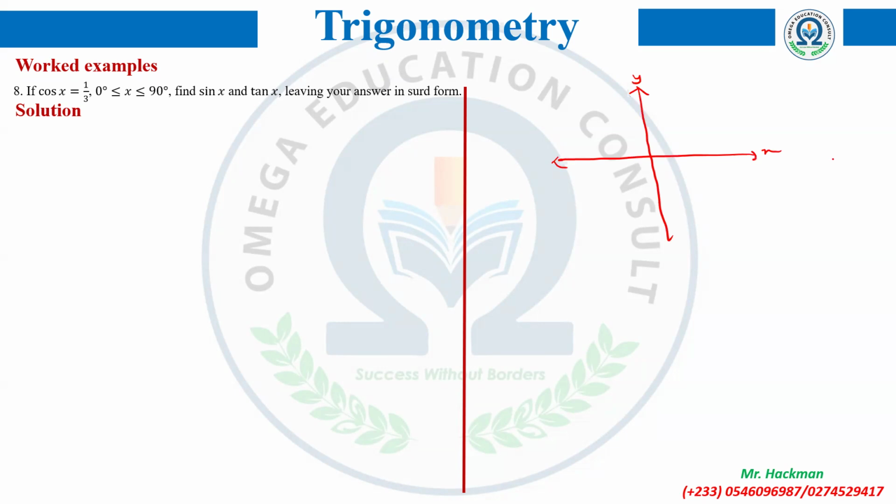In trig, this becomes your first quadrant, your second quadrant, your third quadrant, and your fourth quadrant. And in trig, angles are measured in this direction.